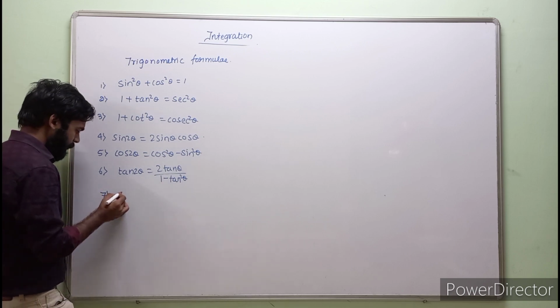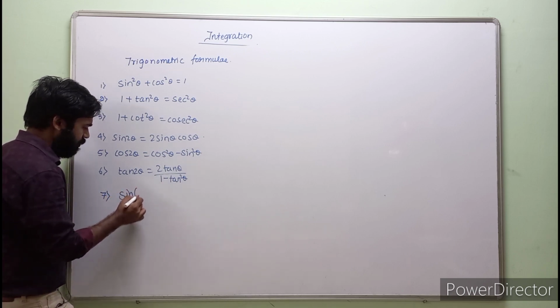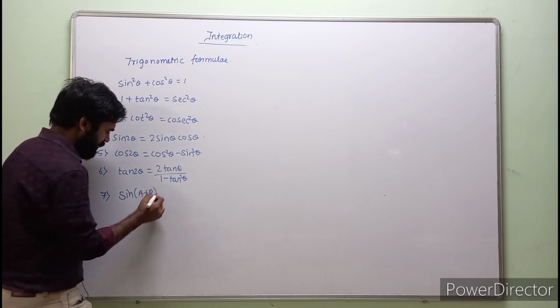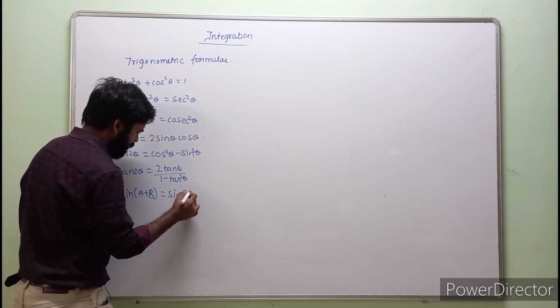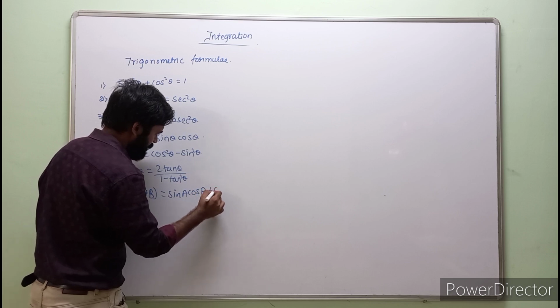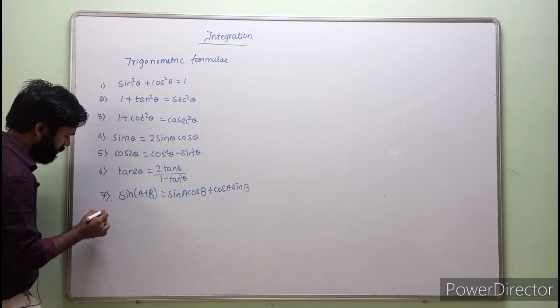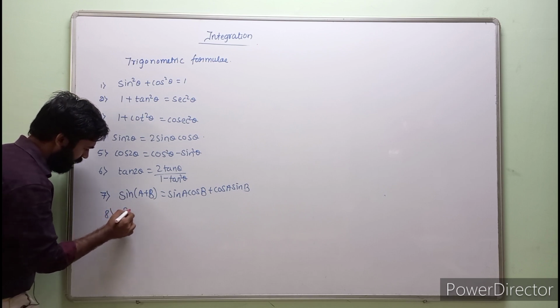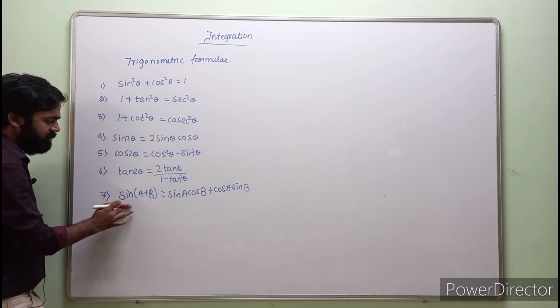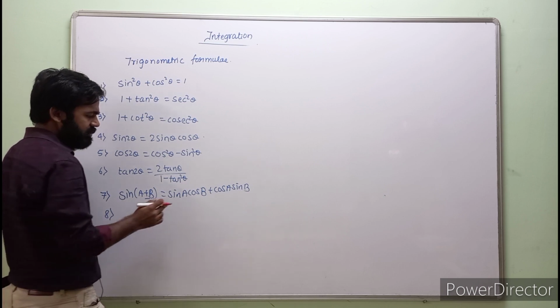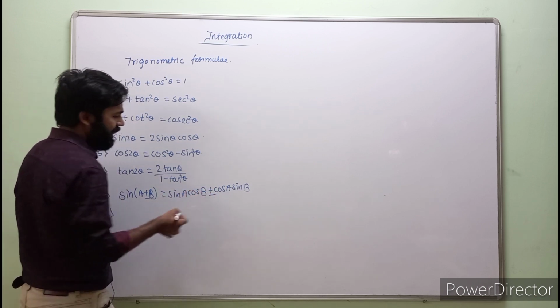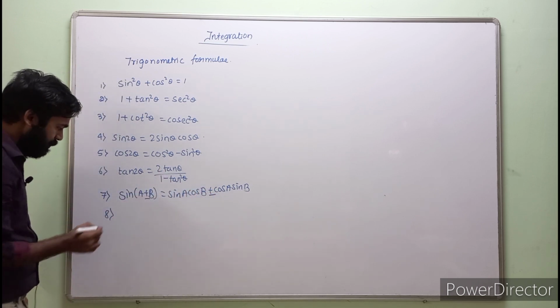Seventh one, sine of a plus b is sin a cos b plus cos a sin b. Okay, so sine of a minus b, I'll write here minus. Sine of a minus b is sin a cos b minus cos a sin b.